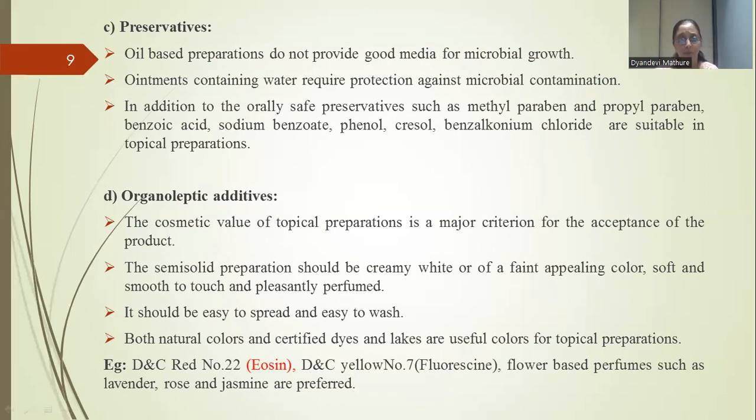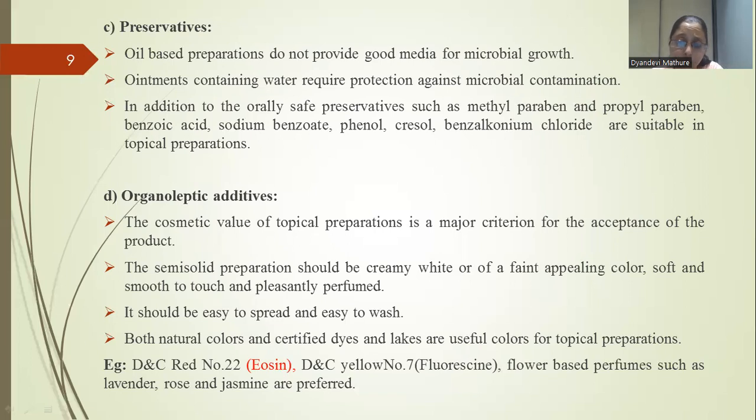Then after preservatives, the next one is organoleptic additives. Like in the last lecture we have discussed, organoleptic additives are the additives which are responsible for the organoleptic properties of your formulation, like color, odor, taste.